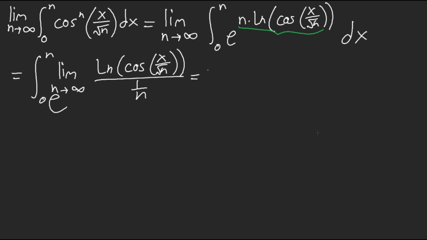So if we derive this, we get negative tangent of x over square root of n times the derivative of x over square root of n. This is x because that's a constant, but the derivative of 1 over square root of n, what would it be?